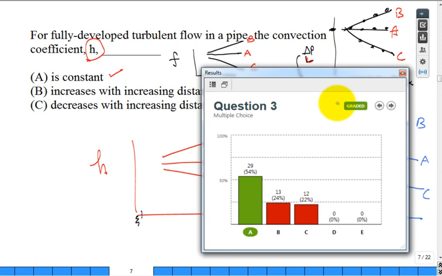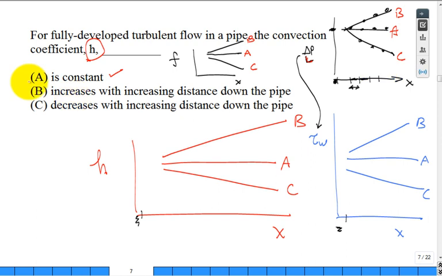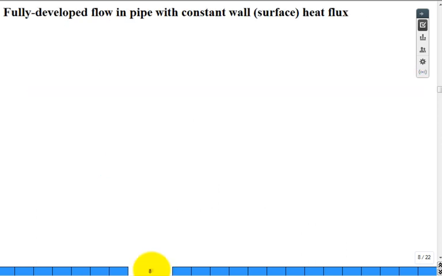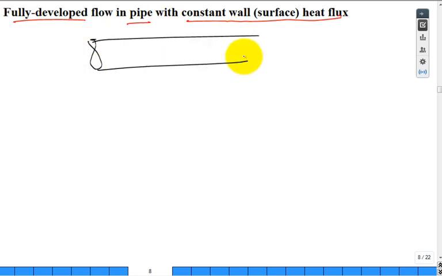All right. Now that we know that it's a constant, let's press forward. Now we want to talk about, again, fully developed flow in a pipe with constant wall heat flux. What does a constant wall heat flux mean? So I have my pipe, and I maybe wrap electric wire around it, and I turn on the electricity to flow through that wire, and resistive heating creates a uniform heat flux.